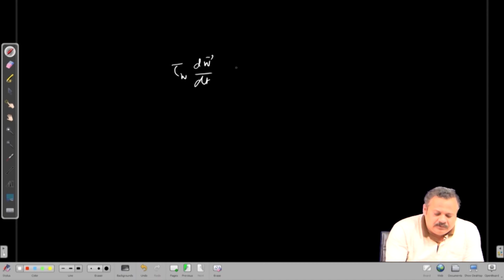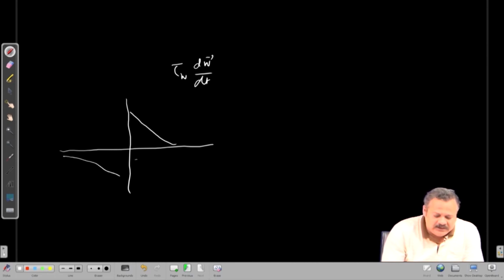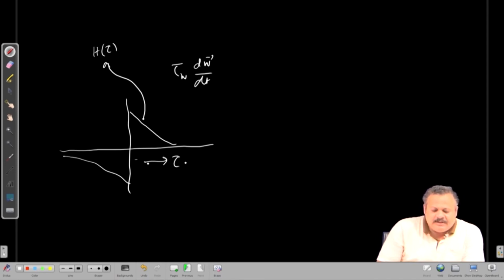And remember, if we have a learning window based on this particular learning rule, let us say this is any function h of tau on this axis. So, this is the pre minus post, or the timing difference.